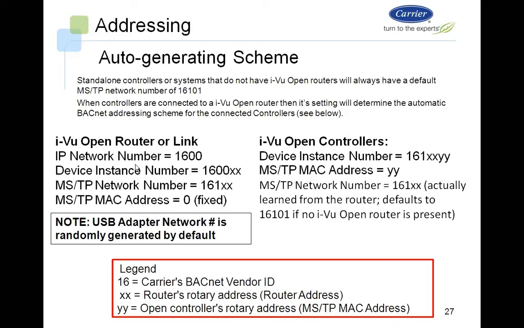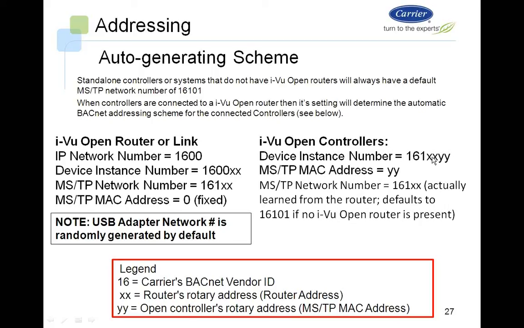In looking at iView Open Controllers, their device instance is generated from 161, where 16 is the vendor ID, and 1 is an indication that it's an MSTP device. So it's vendor ID, MSTP device, the rotary switches of the router, plus the rotary switches of the controller.